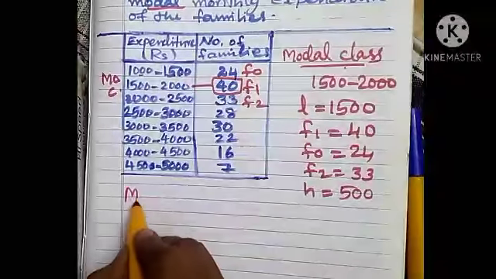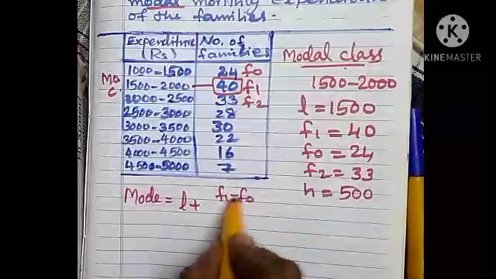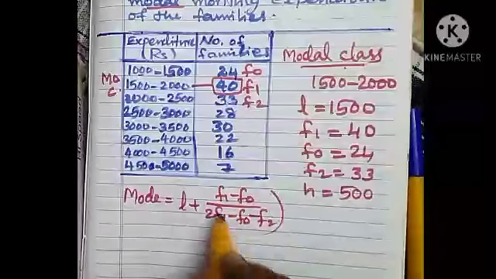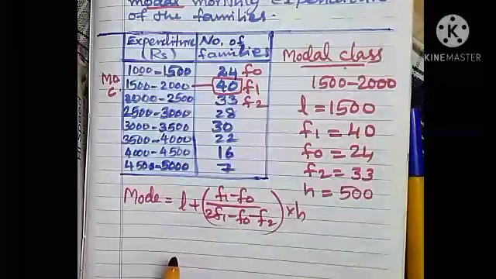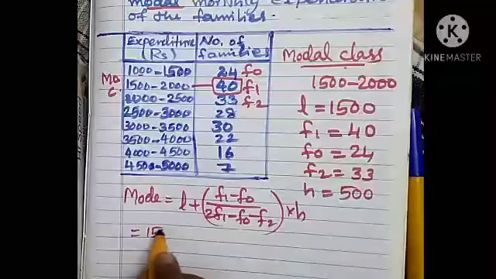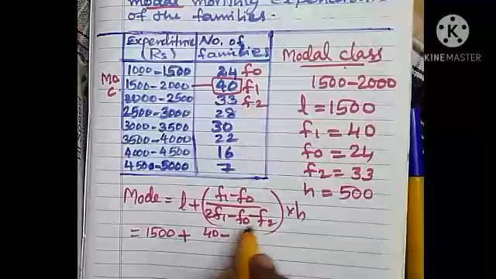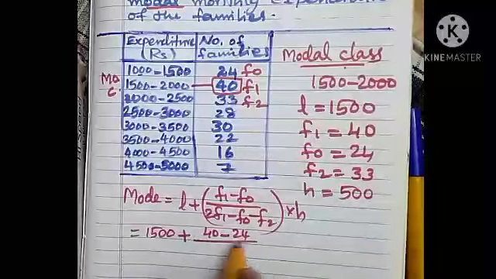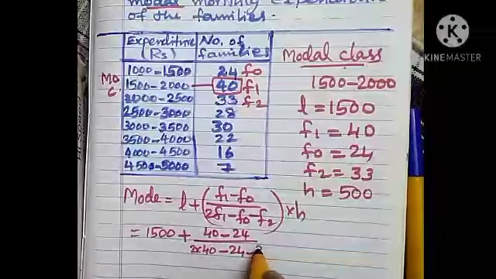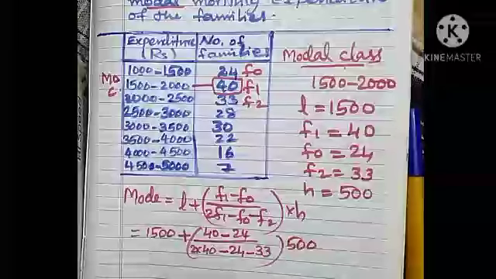Okay, so mode equal to, write the formula, L plus F1 minus F0 by 2F1 minus F0 minus F2 into H. Understand? Now that is equal to L, lower limit, L equal to 1500 plus F1 minus F0 means 40 minus 24 by 2 into 40 minus 24 minus 33 into H. What is H? 500.